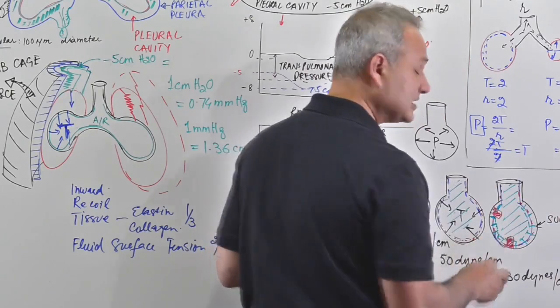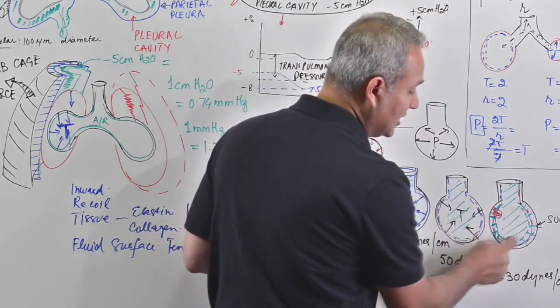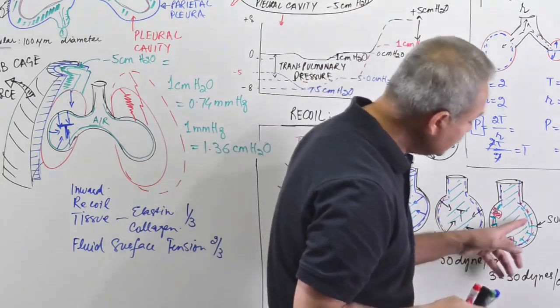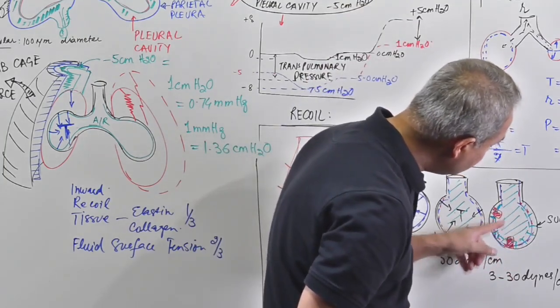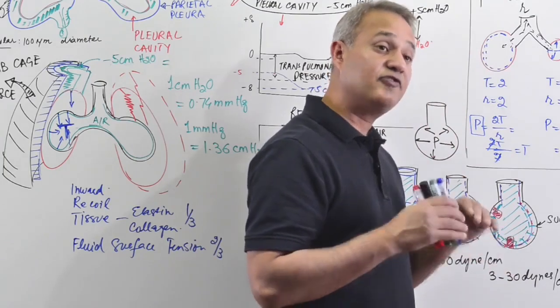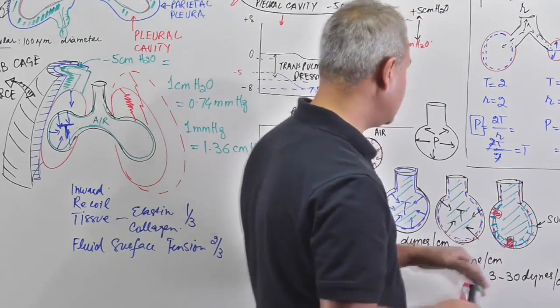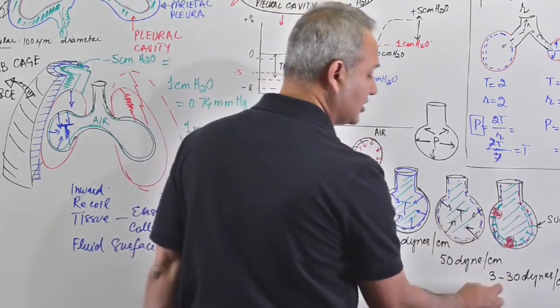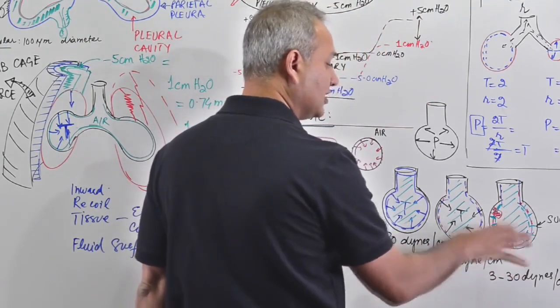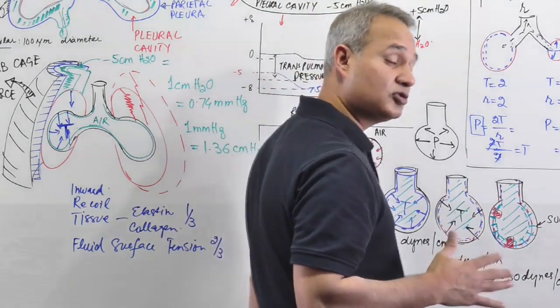These pneumocytes secrete surfactant. What surfactant does is it punctures the water layer, plus it creates another air and fluid interface and reduces the surface tension by 8 to 10 times. So if you see here, if the surfactant is present, then the total inward tension can drop down to 3 to 30 dynes.